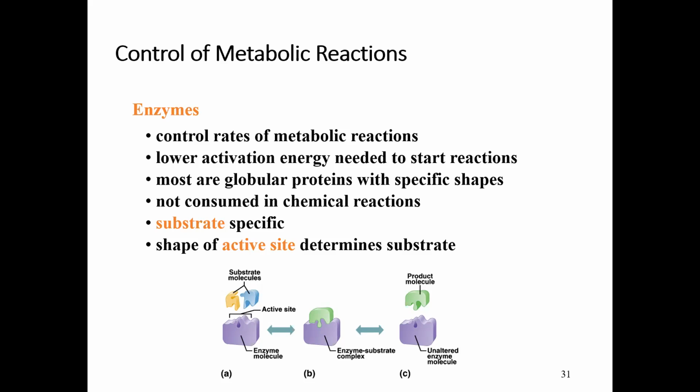Because we got to control metabolic reactions very tightly. We can't release energy too rapidly because we can't use it that fast. 60% of the energy released from a molecule of glucose goes off as heat anyway. We don't get to use 60% of the energy in a glucose molecule. We only get to use about 40% of it.